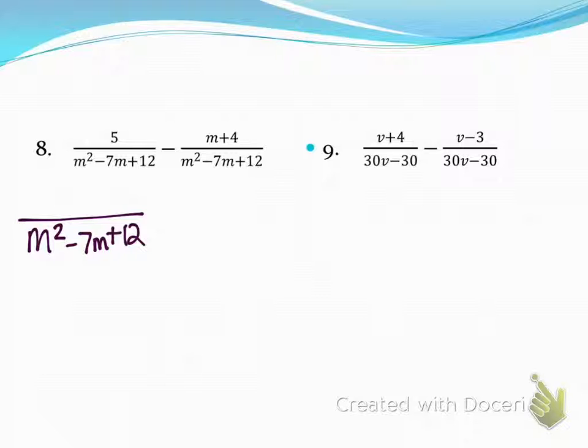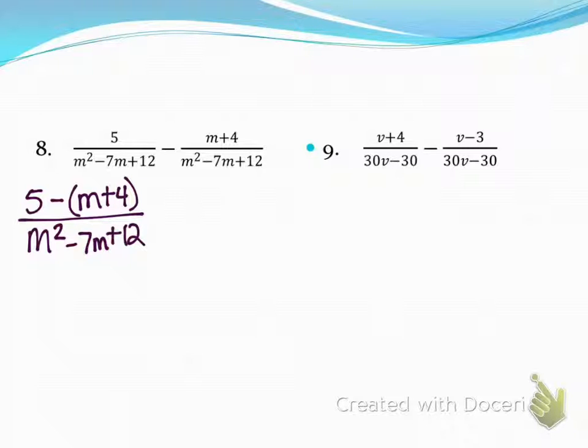In my numerator, what am I doing? Subtracting. Now this time it's a little bit different from the last ones because we are subtracting a binomial. So we're going to have 5 minus, I'm going to put in parentheses the m plus 4.